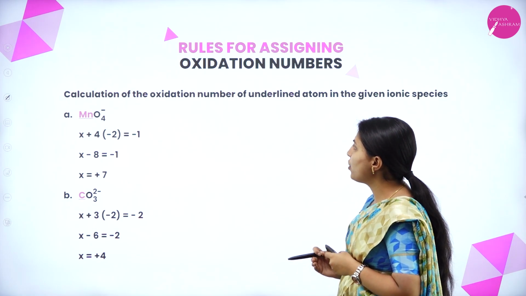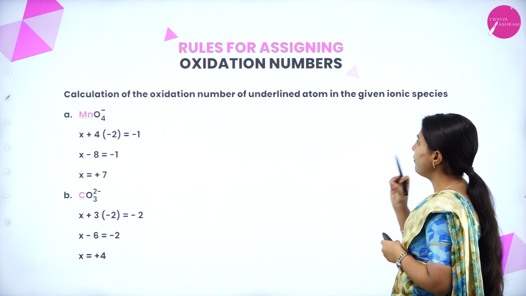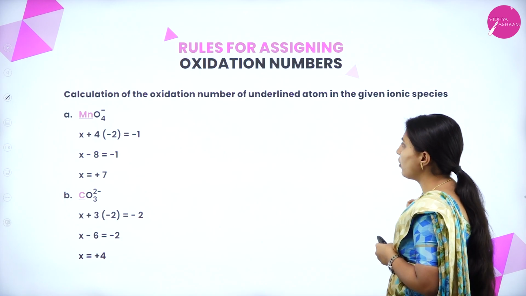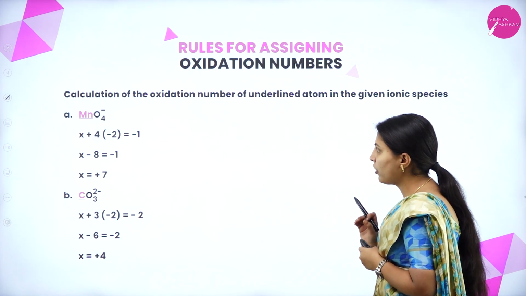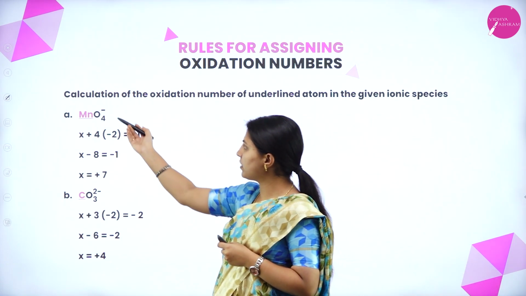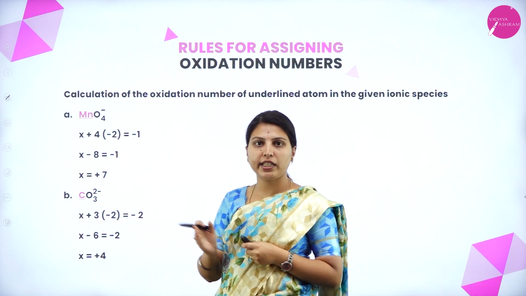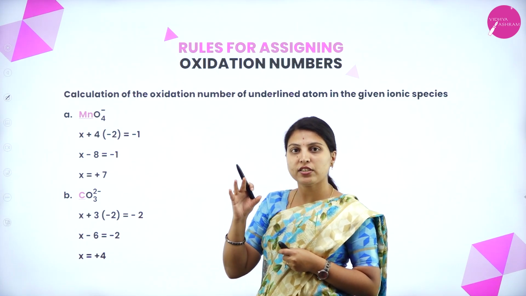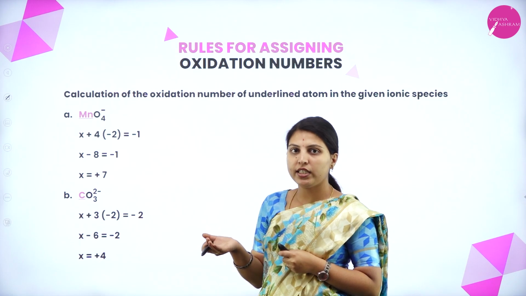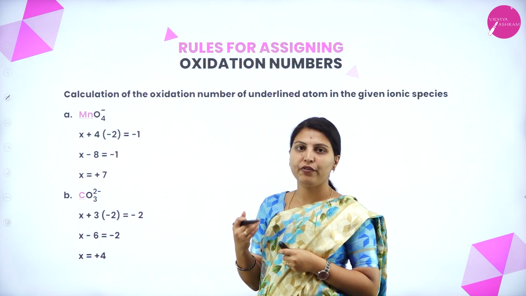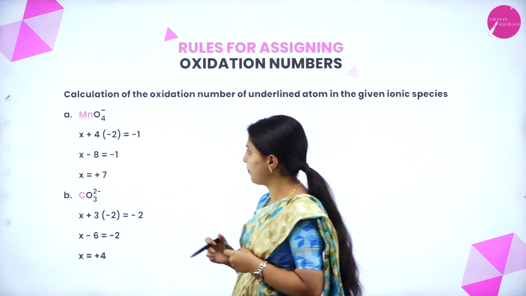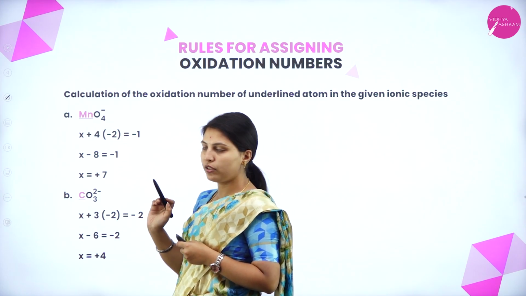Next, calculation of the oxidation number of the underlined atom in the given ionic species. What is an ionic species? Charges are present, cationic or anionic species. If a compound has ionic charges, how will you find the oxidation number? Here also for manganese, we don't know the oxidation number.